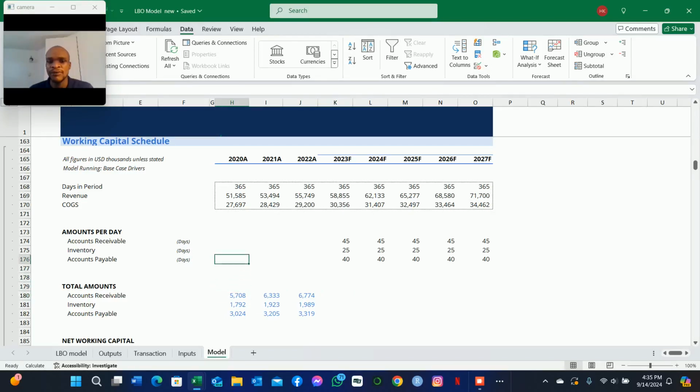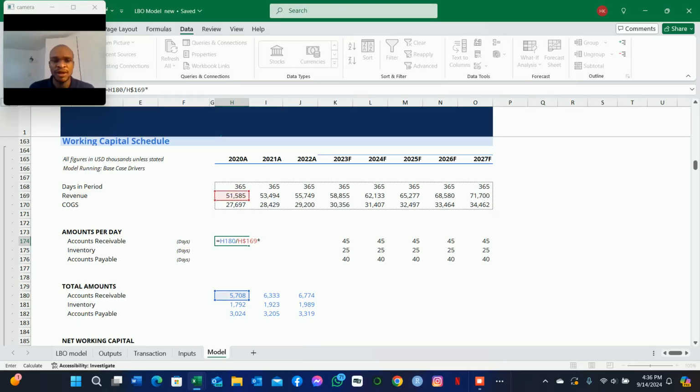So in this case, we will just calculate our accounts receivable days, which is just whatever accounts receivable that this company had on its balance sheet, and then we divide that by the revenue in the period, reference that cell with F2 two times, and then we multiply by the days in the period, just like that.